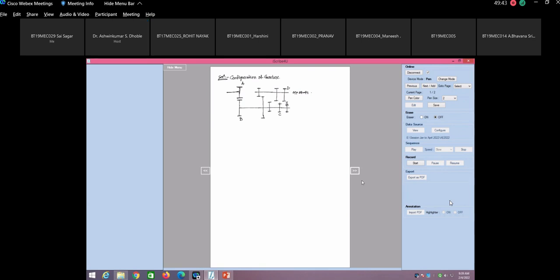So here I will write down the first gear engagement: power will be transmitted from A to B, B to C, C to D. Okay, so this is the first gear.